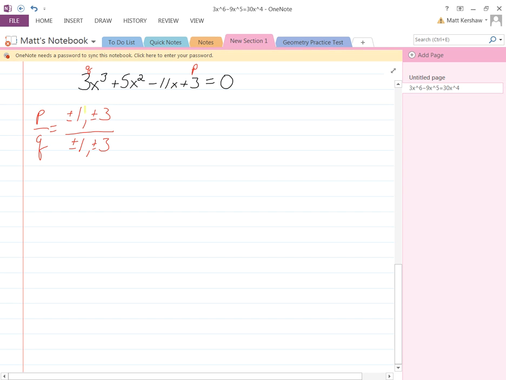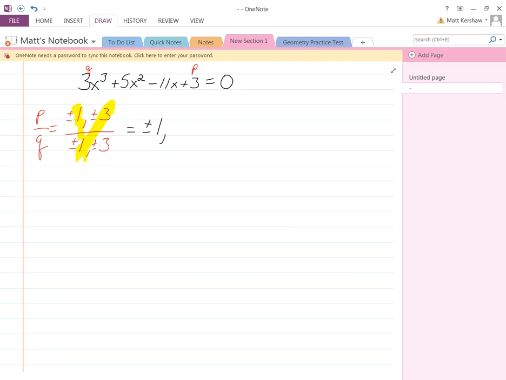And so what I would do is look at this first. And so this is going to become plus or minus 1. And then look at this, 3 over 1. That gives us plus or minus 3.